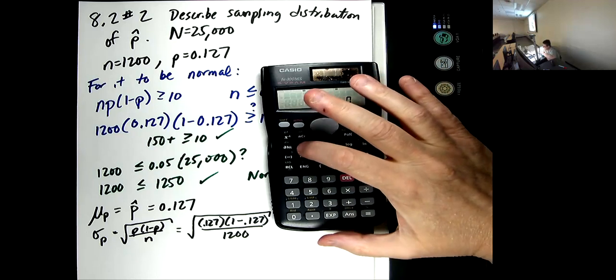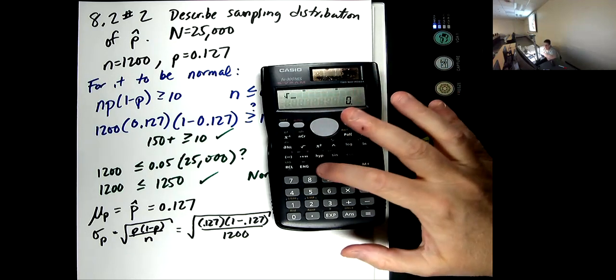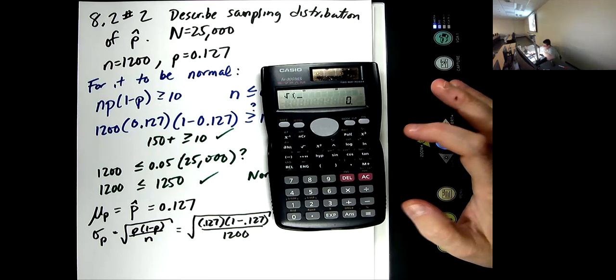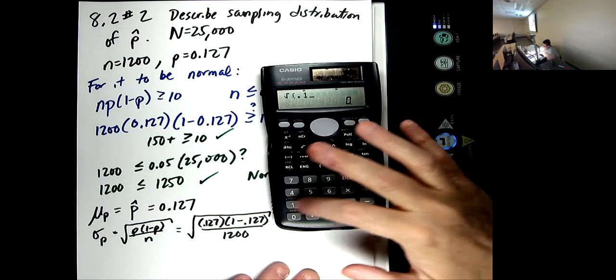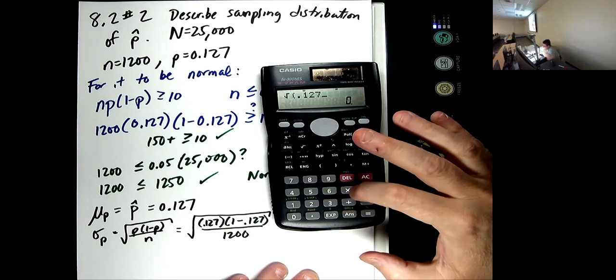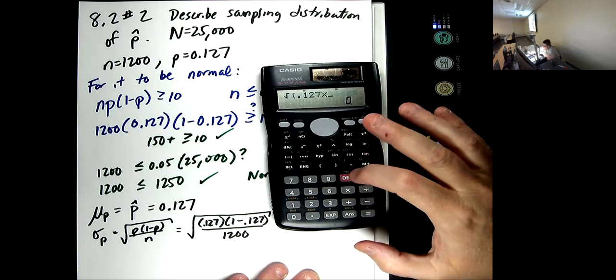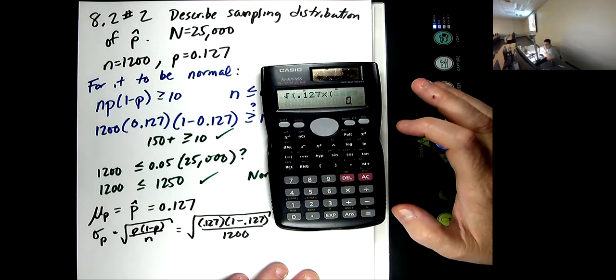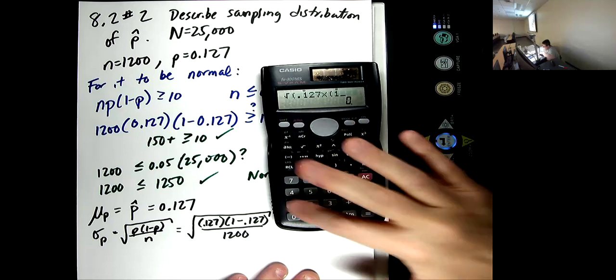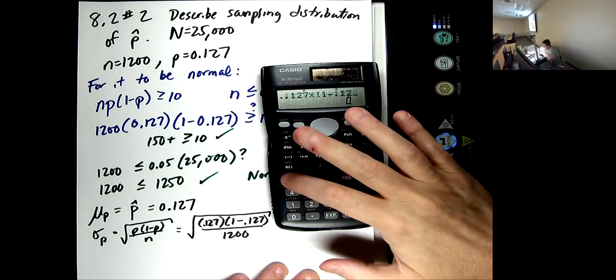I'm going to say square root, parentheses, 0.127 times, we'll do another parentheses, 1 minus 0.127.